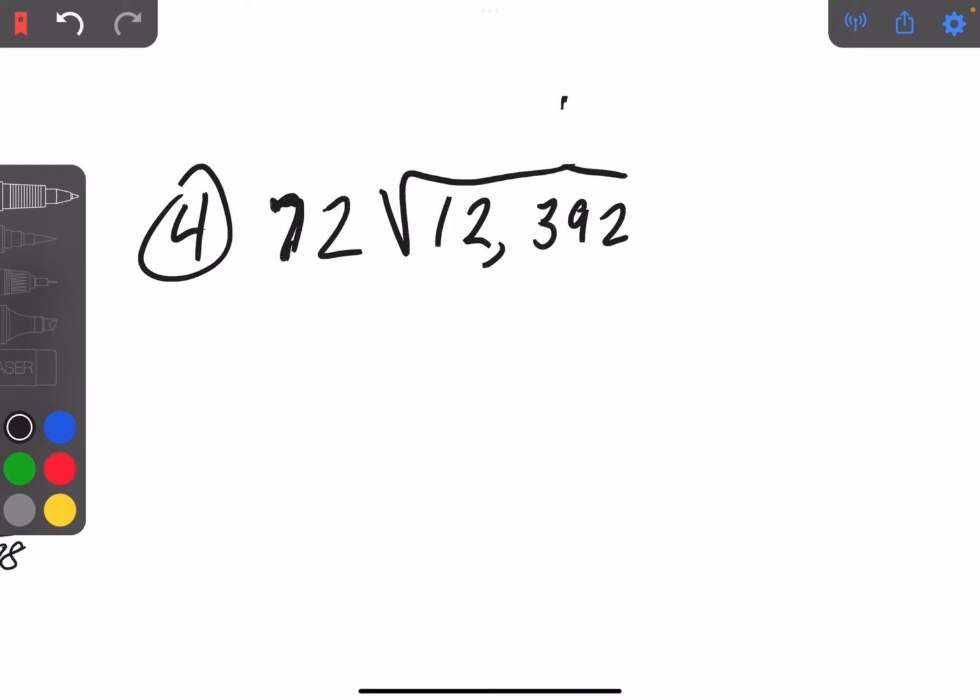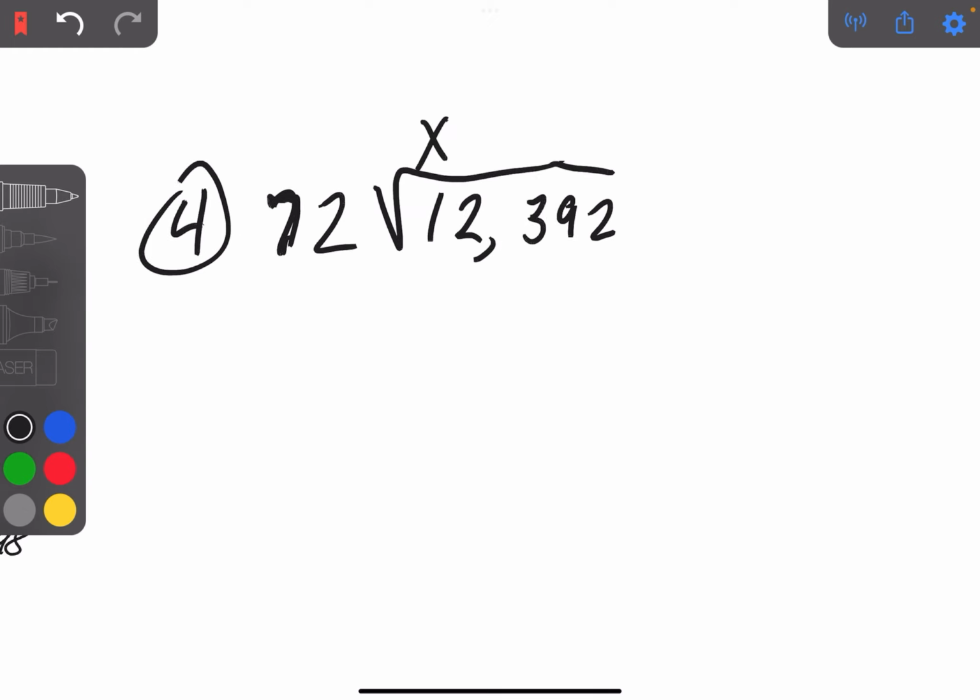So we put our 1. Well, first of all, we know that 72 cannot go into 1. We know that it cannot go into 2. So I'm going to guess 1 because 70 times 2 is 140, so it can't be 72. So it has to be 1.